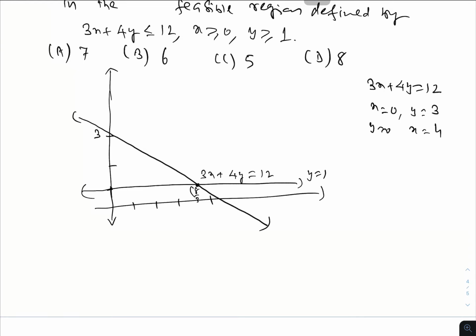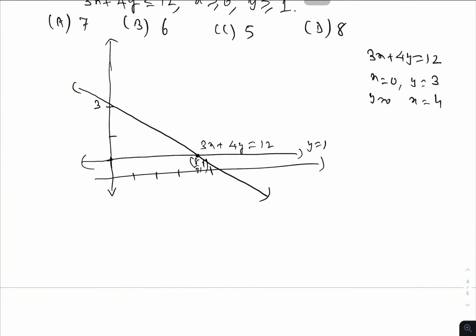So this is 8 by 3 and 1, 2 point something. Okay, I think we need to draw properly, because x is 8 by 3, so it's not complete 3, it's less than 3, so it will have some mistake also.